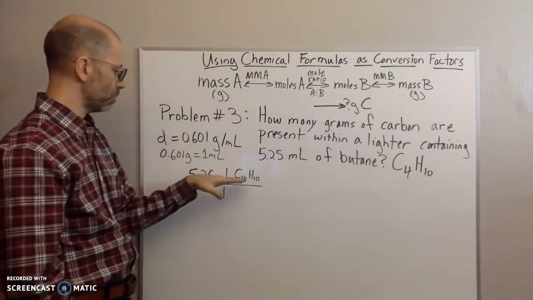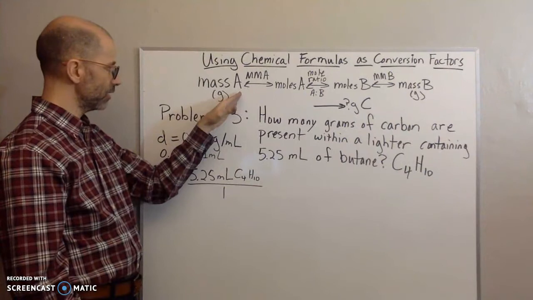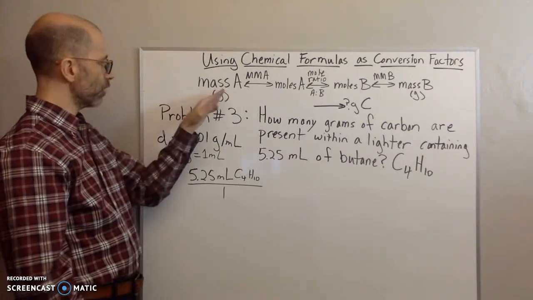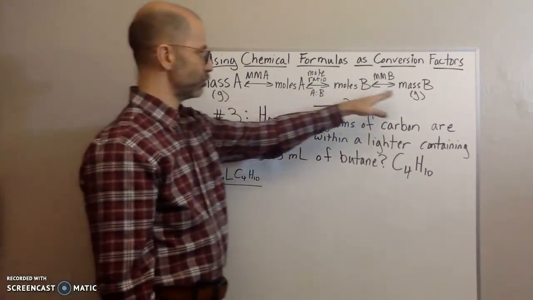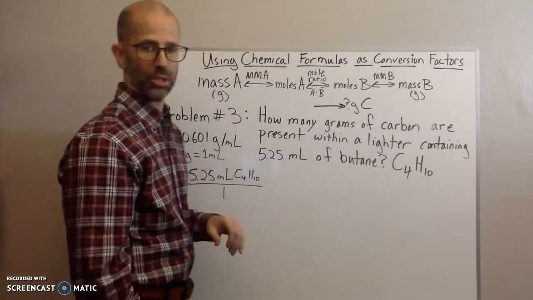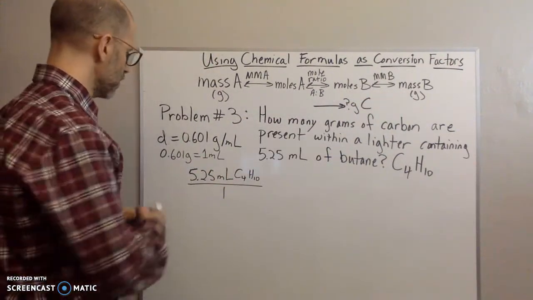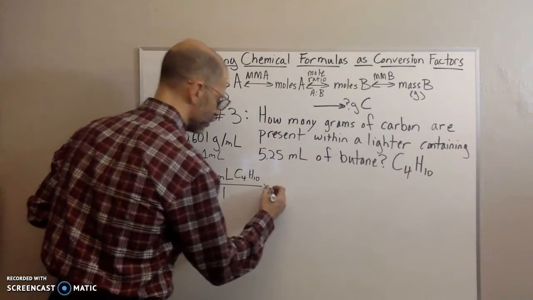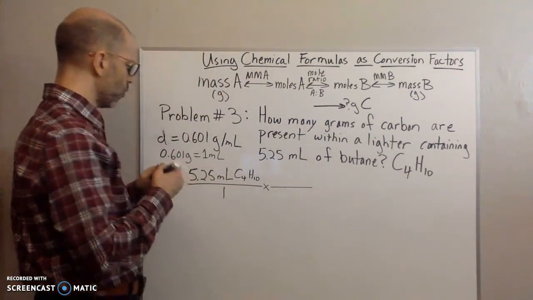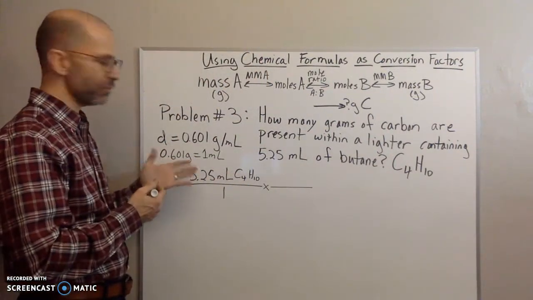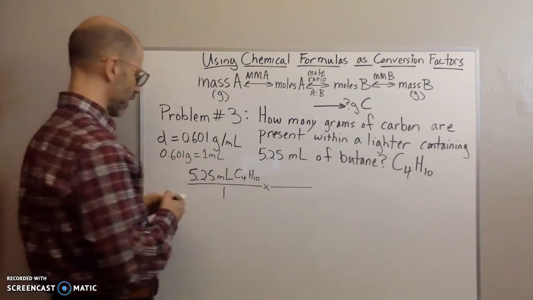So we're going from milliliters of A to grams of A, and then we have to get to grams of B, which is carbon. So let's set up our conversion factor. Again, density is a great conversion factor, so be aware of that.